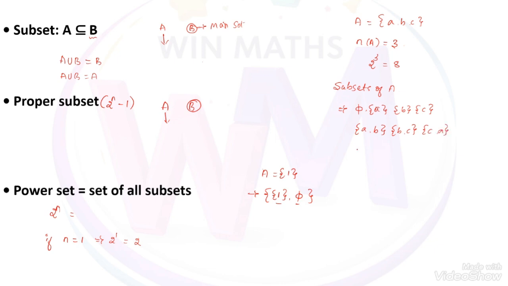The last one is the set itself, A, B, C. Now count all the subsets: 1, 2, 3, 4, 5, 6, 7, 8. There are 8 subsets for a set containing 3 elements.